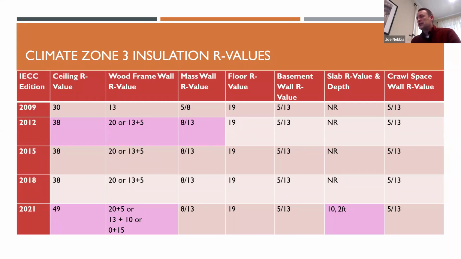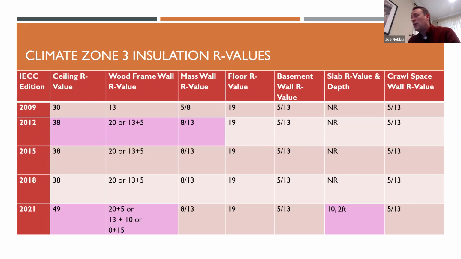It doesn't mean just a total of R25. Within the cavity, I can add and subtract, but I can't trade it off against continuous insulation in this table. There's whole building UA that I can use, but the table is giving me an amount of insulation in specific places, and they have to be in those specific places in order to use this table for compliance.